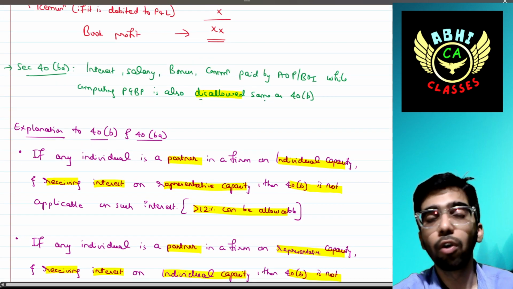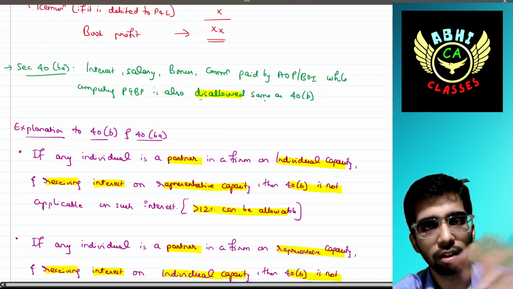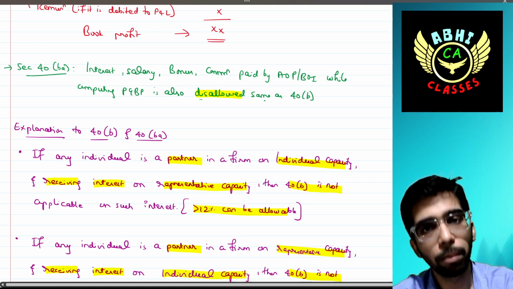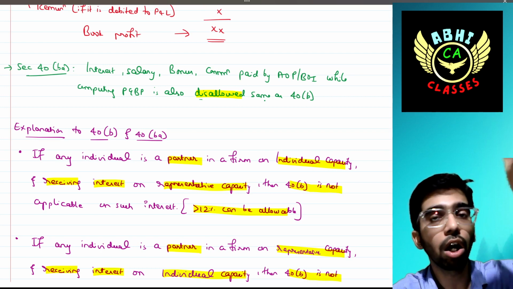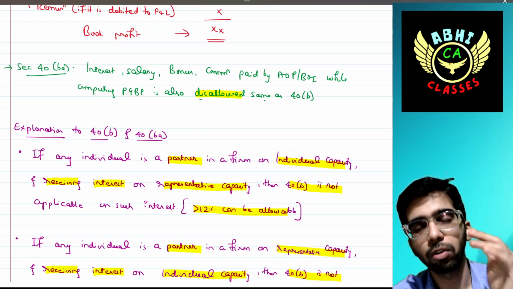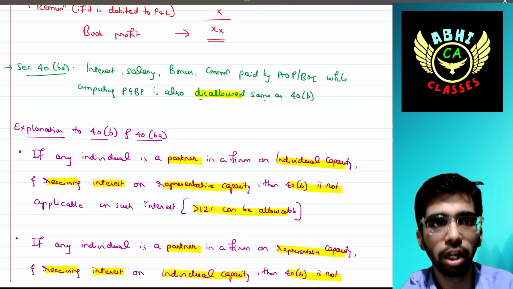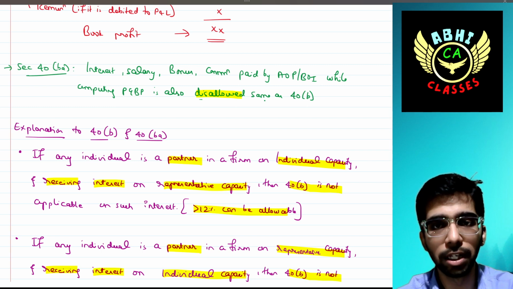Then 40BA: interest, salary, commission paid by an AOP or BOI. 40B talks about the partnership firm; this is talking about AOP or BOI. While computing PGBP it is also disallowed, same as 40B.